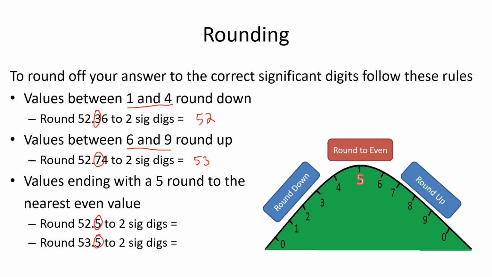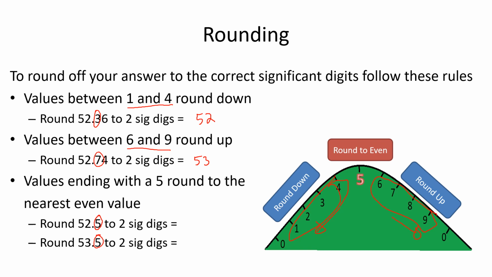rounding to even, right? So 1 to 4 we go down, and 6 to 9 we go up. But if it's a 5, you're going to round to the nearest even value, which means some of the time you're rounding up and some of the time you're rounding down, and it's sort of a statistical thing. So hopefully, overall, it'll balance out and you won't have skewed data. But it doesn't really happen that often.